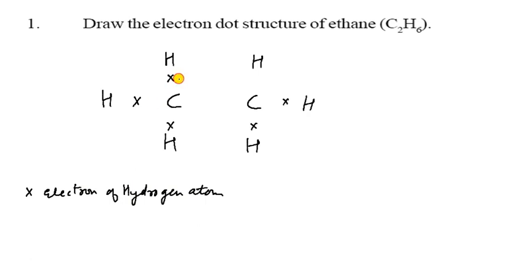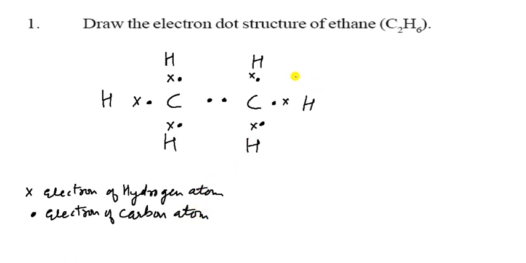And as you know, hydrogen has only one electron in the outermost shell. So it is one electron like this. It is the electron of hydrogen. So you can write here also, this one is the electron of hydrogen atom, and this dot is the electron of carbon atom. There is one hydrogen electron.